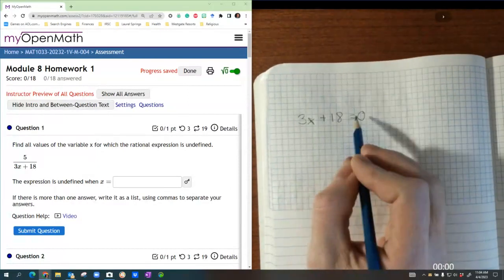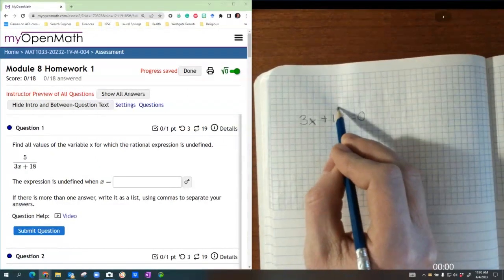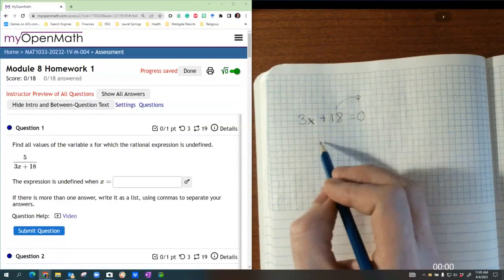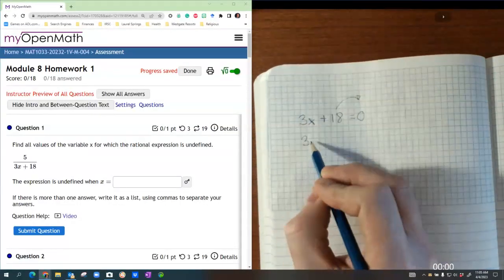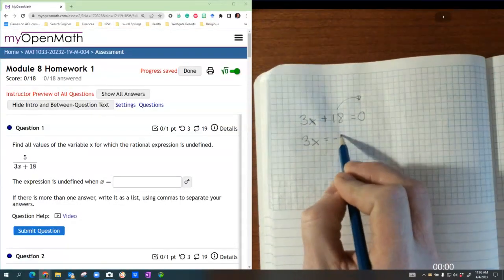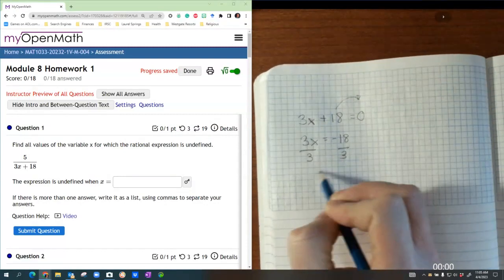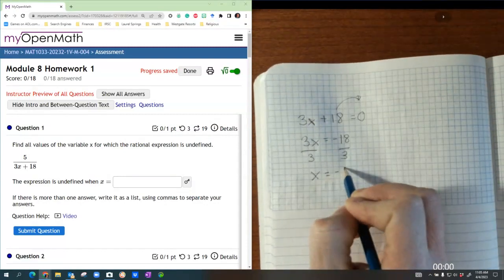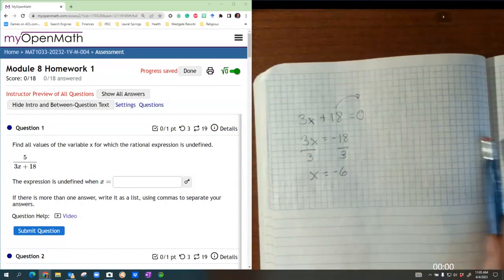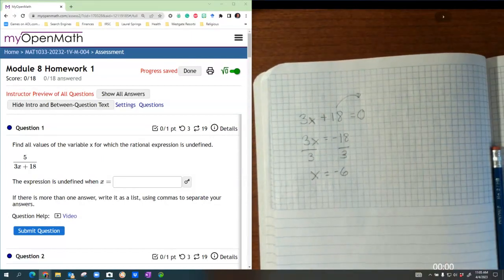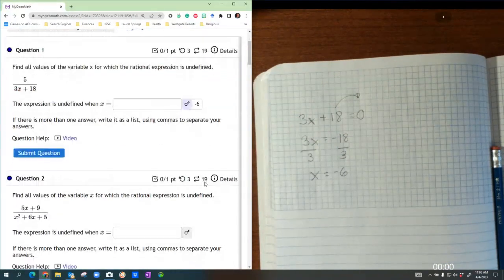So we set it equal to 0, subtract 18 from both sides, and get negative 18, then divide both sides by 3. We get x equals negative 6. That would produce a 0 in the denominator and give us an undefined value. So that's number 1.